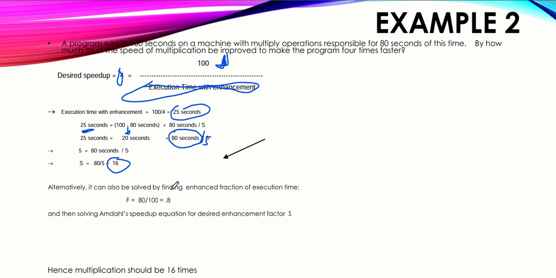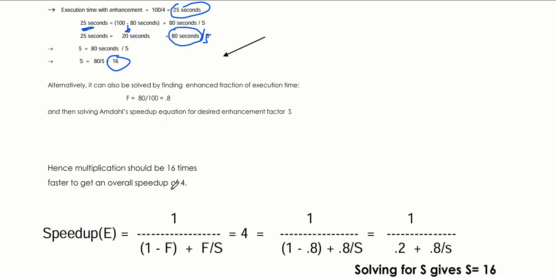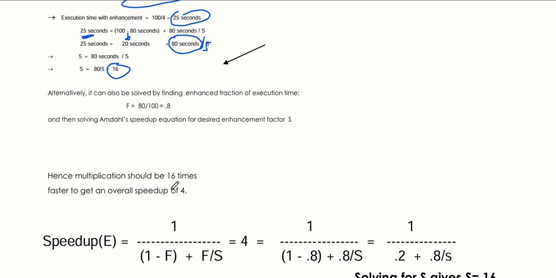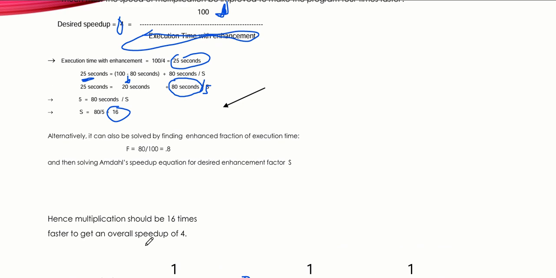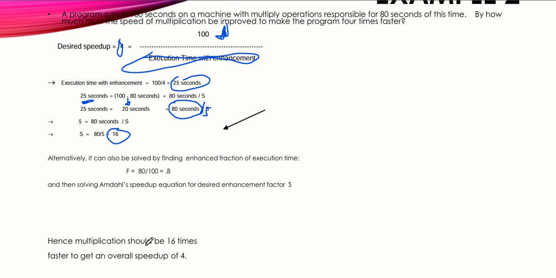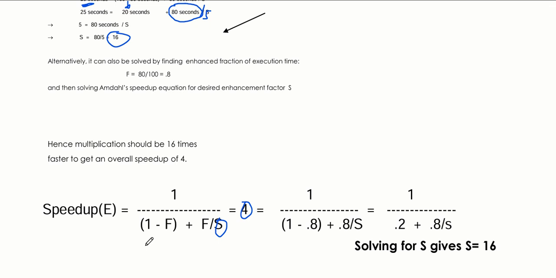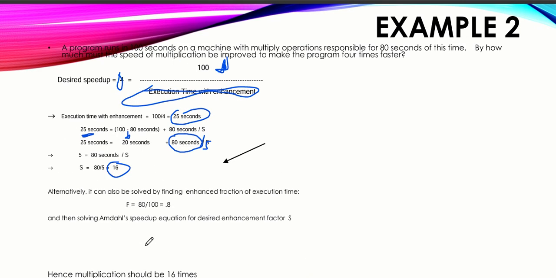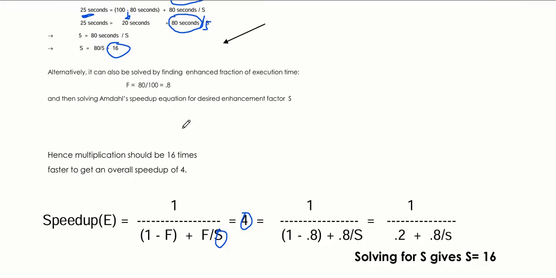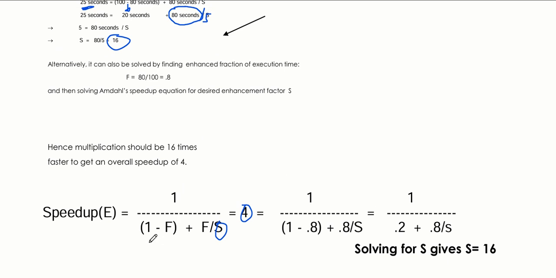Now you could have used Amdahl's law for the same thing. Amdahl's law says the speedup will equal 4, and this time we are looking for s, not the speedup. We put it inside, and the fraction which is not enhanced is the remaining 20 seconds, or 0.2, since 1 minus 0.8 is 0.2.